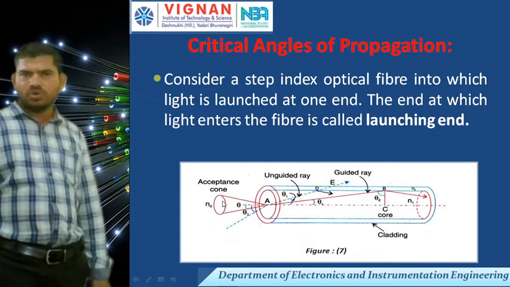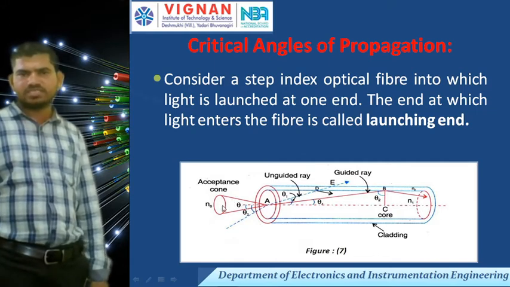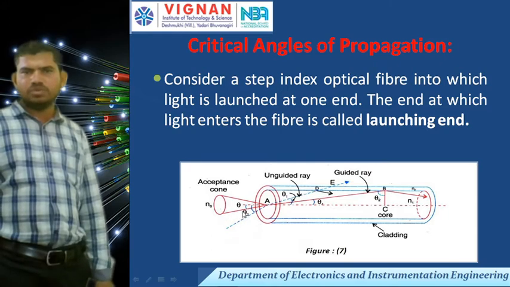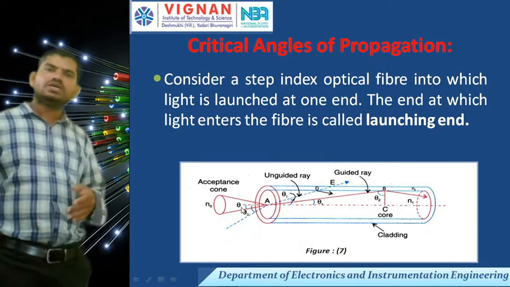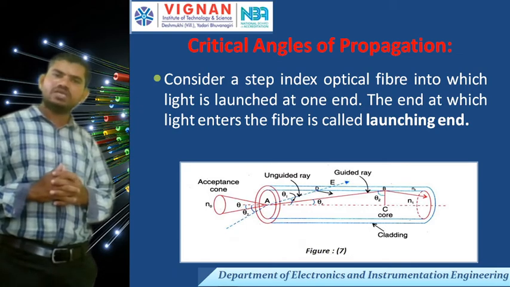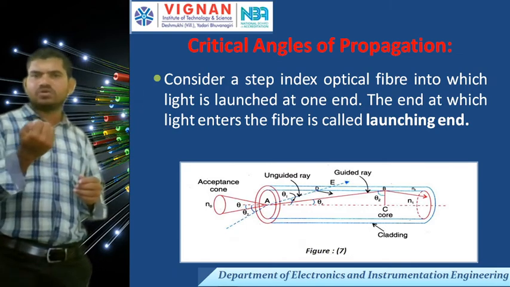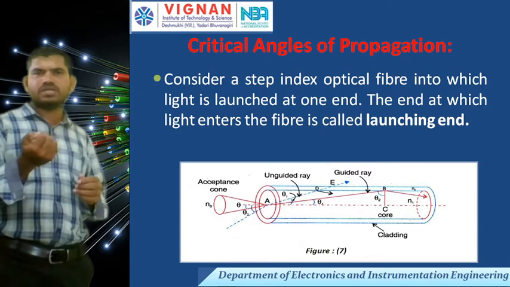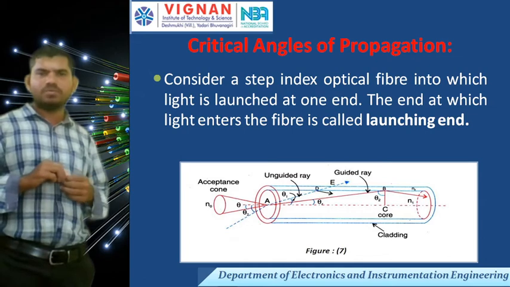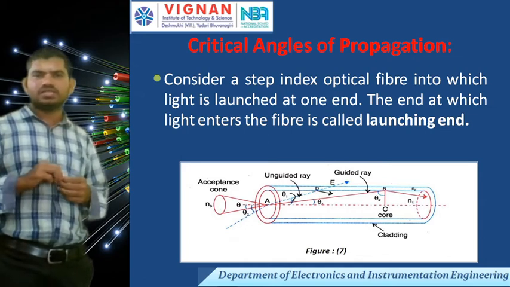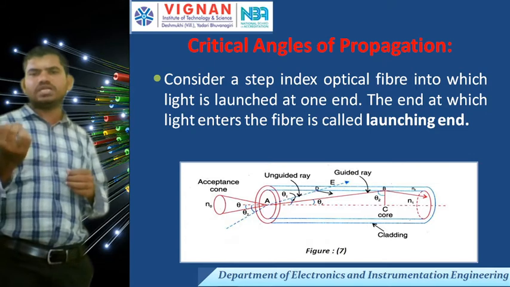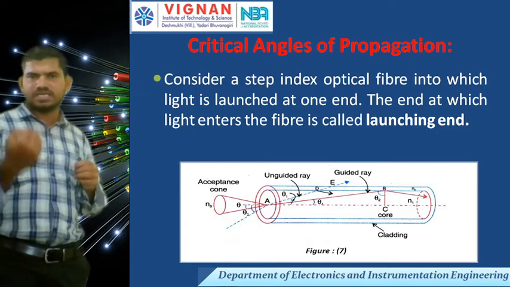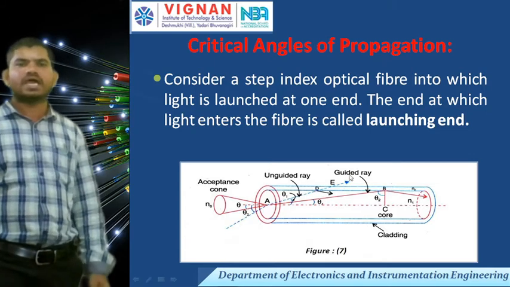If I apply one more ray at the same angle, you can form a cone, and that is nothing but the acceptance cone. What is the acceptance angle? The maximum angle of the incident ray at which total internal reflection occurs is the acceptance angle.